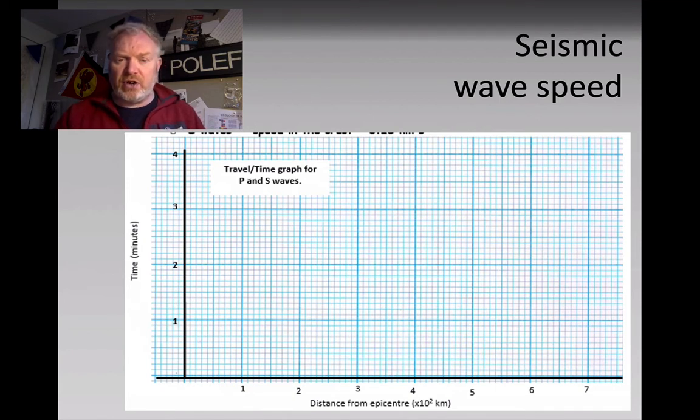Plot those points on our graph, join them up from 0, and we have a straight line that represents the movement of a P wave. We do the same for an S wave, and we should have a graph then with 2 lines on it. Okay, give that a go now and plot those lines on your graph.